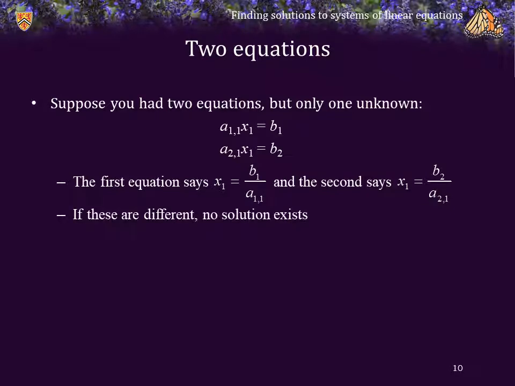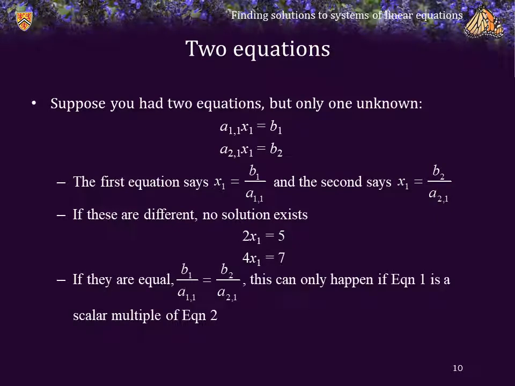Now, if these two are different, no solution exists. As this example shows, the first equation says x1 must equal 2.5, whereas the second equation says that x1 must equal 1.75. Well, x1 cannot equal both these values simultaneously, and thus no value of x1 satisfies both equations at the same time.